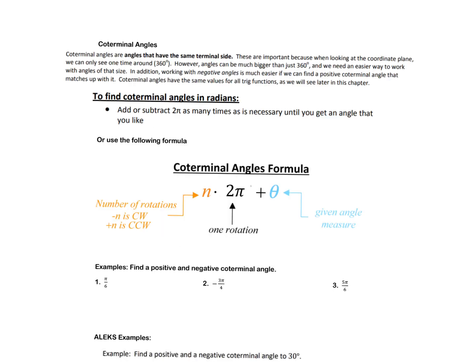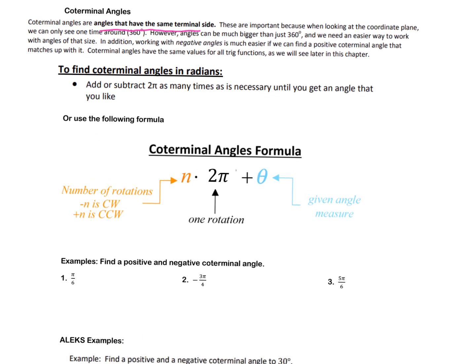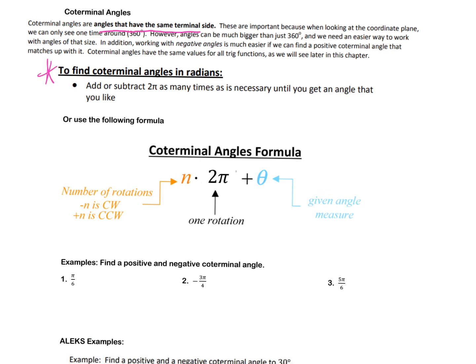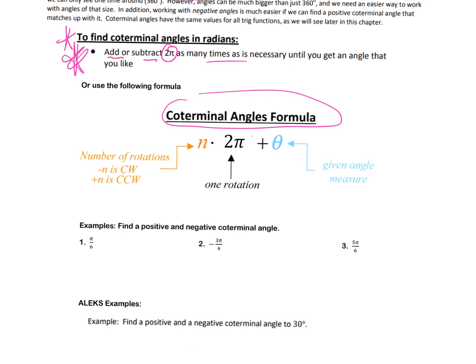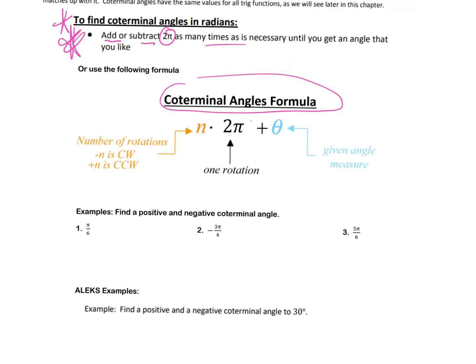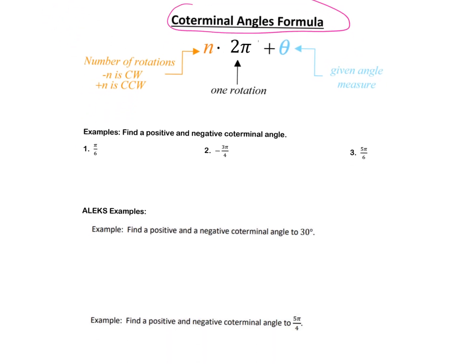Okay, so we're still going to be talking about coterminal angles having the same terminal side, but in this case, because we're using radians, we're going to add or subtract 2 pi as many times as necessary. This is the formula, but I don't want you to memorize the formula, because if you truly understand the definition of adding and subtracting a whole entire circle, which is 2 pi, then you're going to be okay.